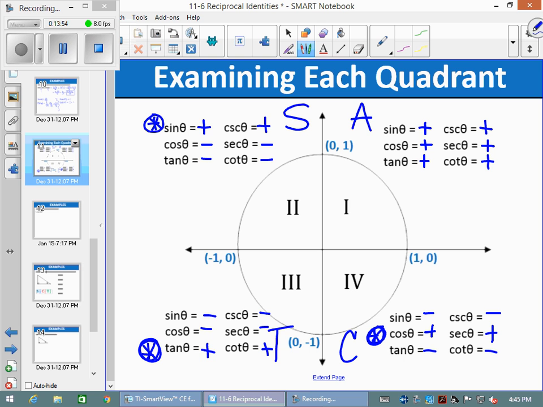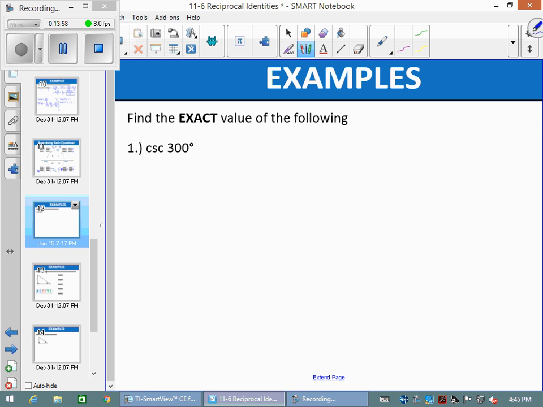So let's do one last question together that brings it all into one question. We're going to find the exact value of the cosecant of 300. When you see something asking for the exact value, this could be asking you to find a trig function of 30, 45, or 60, because those are angles that we expect you to know the exact value of by memorizing that chart.